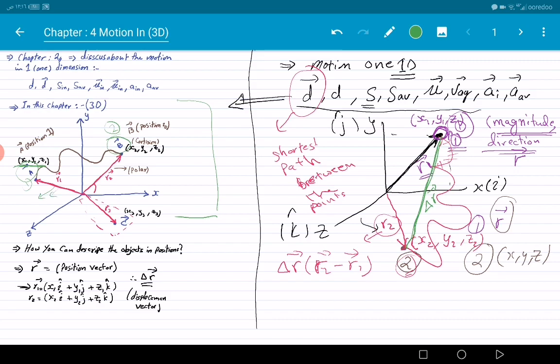Same for point 1, I do the same for point 2. First polar, second Cartesian. If I have a third point, I do the same: x3, y3, z3, x3 in i hat, y3 in j hat, z3 in k hat. That is the important thing here. But here, because it is a vector moving in space, R is the position vector.